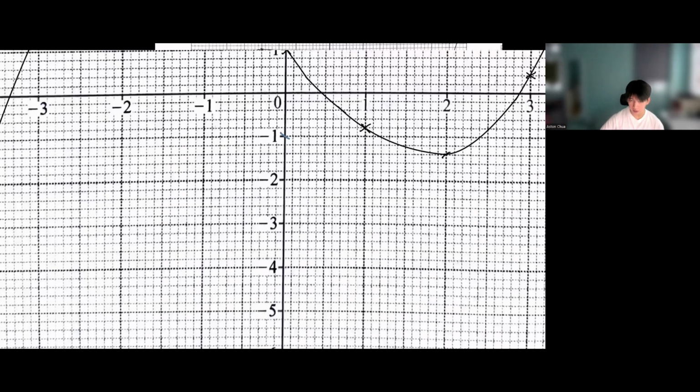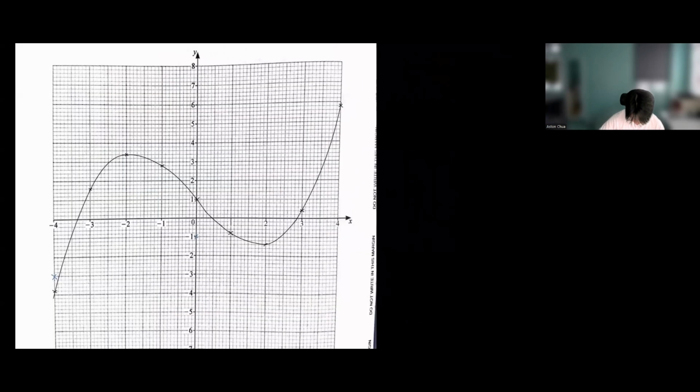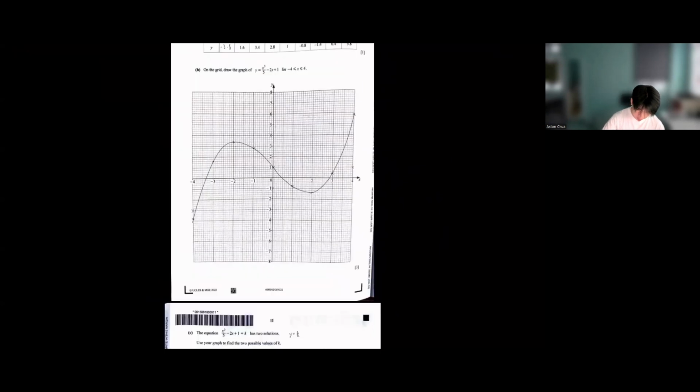And finally, we have x 4 and y 1. Okay, so this is a straight line that is cutting across the curve in this manner. Something like this.